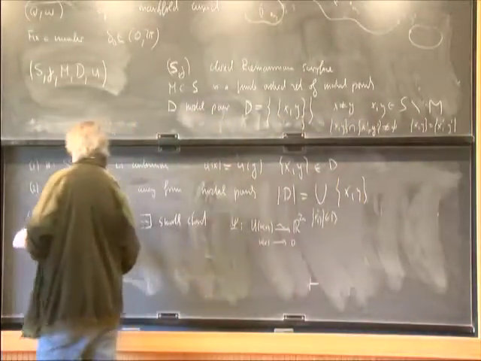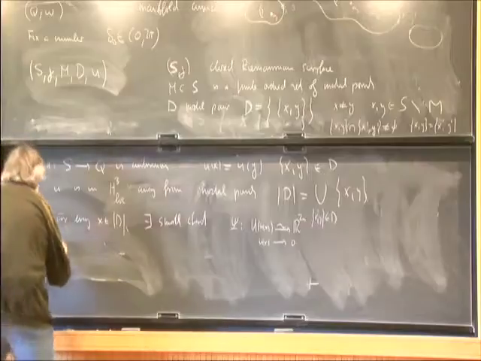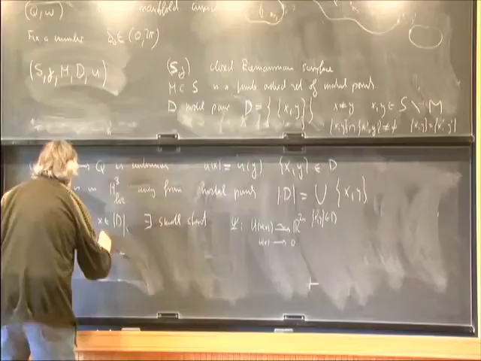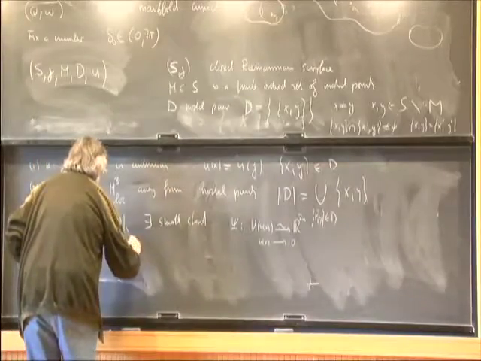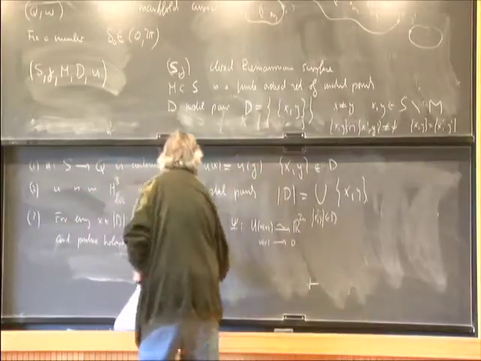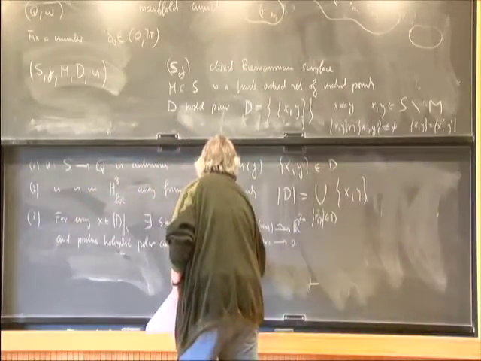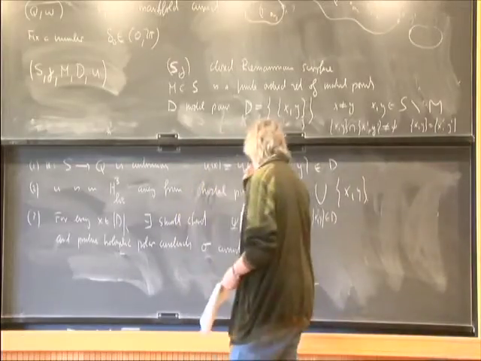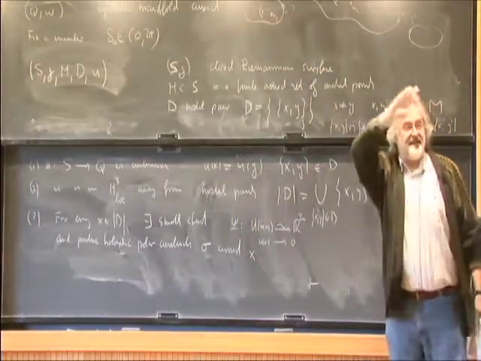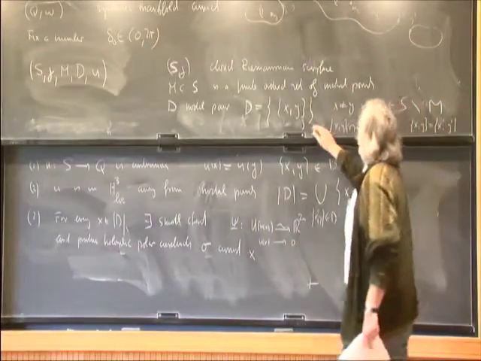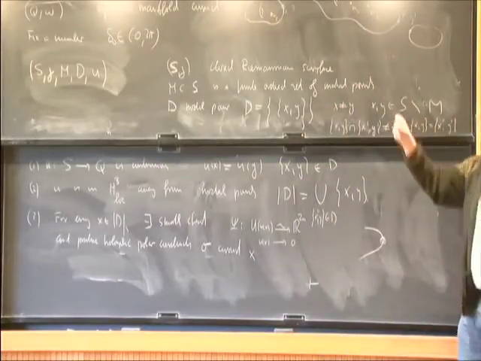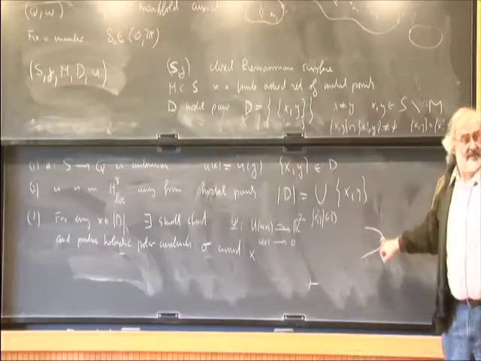And positive holomorphic polar coordinates sigma around x. I have this point x here, a nodal point, and I take a disk-like neighborhood around it.